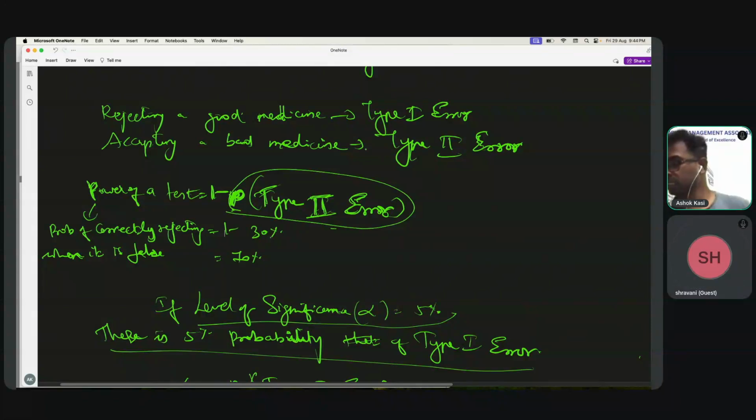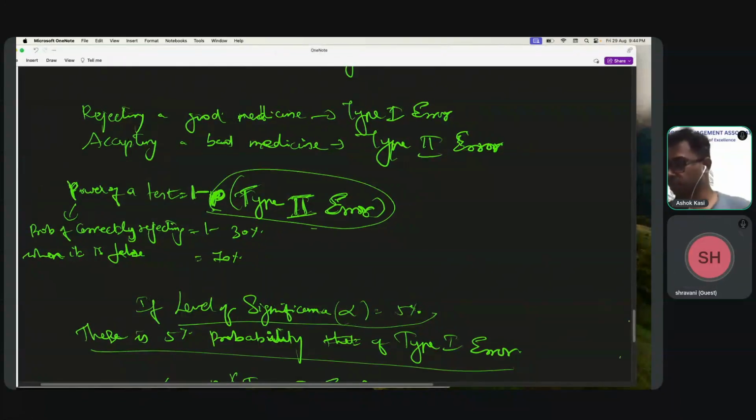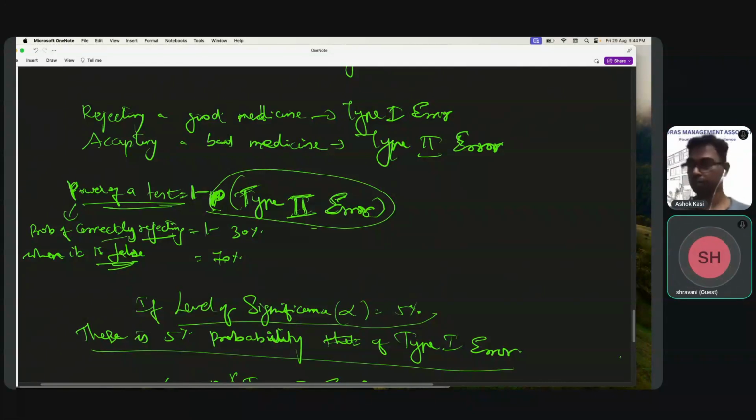That means you are accepting when it is false, correct? That is type 2 error. So power of a test is correctly rejecting when it is false. That is 70%. Understood?